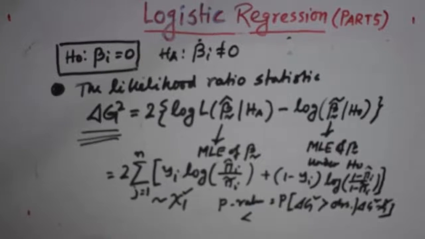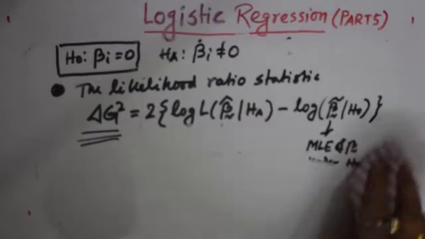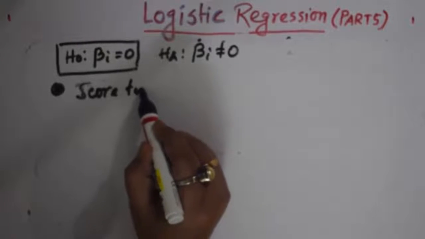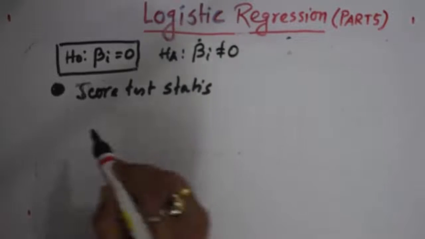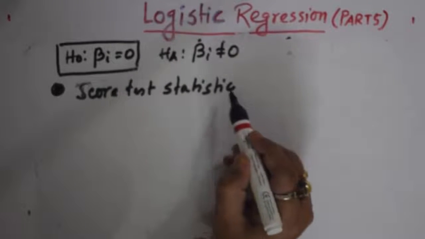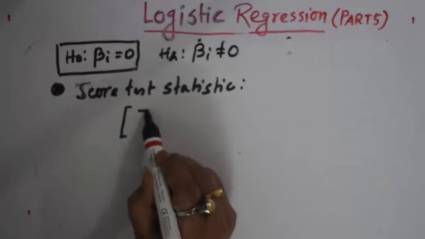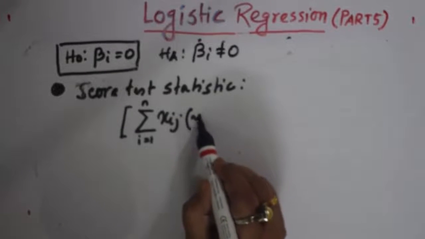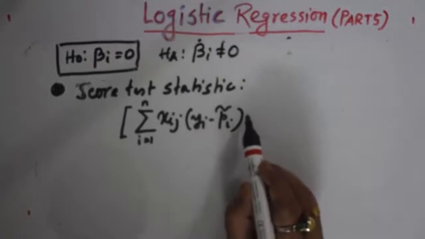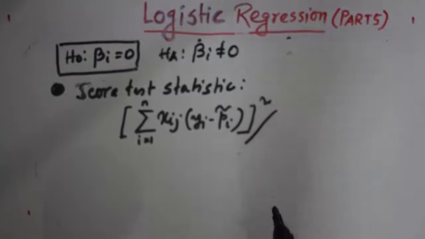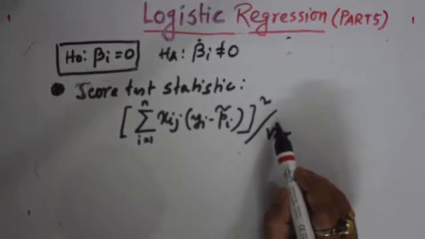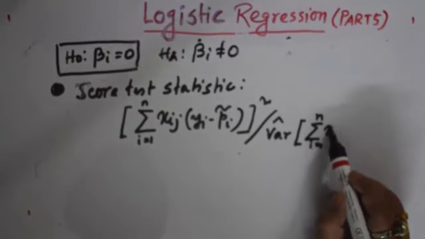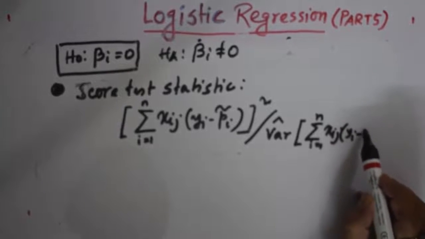Next we consider the score test. The score test statistic is the sum over i from 1 to n of x ij (y i minus pi tilde), whole square, divided by the variance of the sum over i from 1 to n of x ij y i at pi tilde.